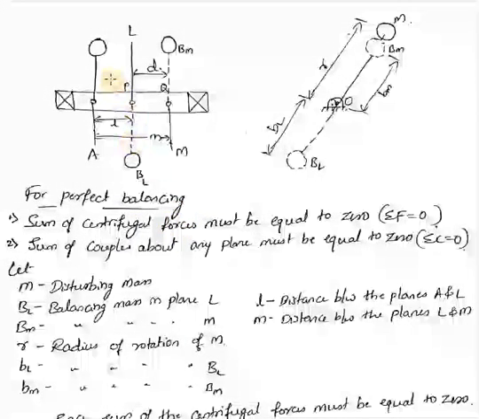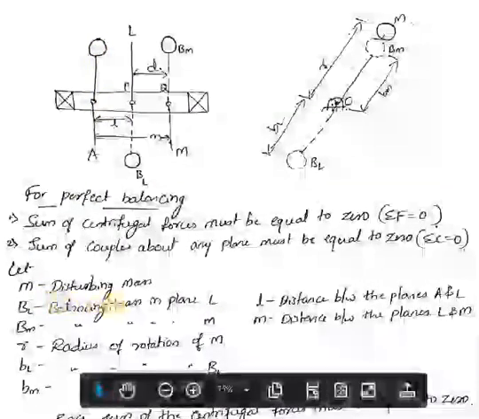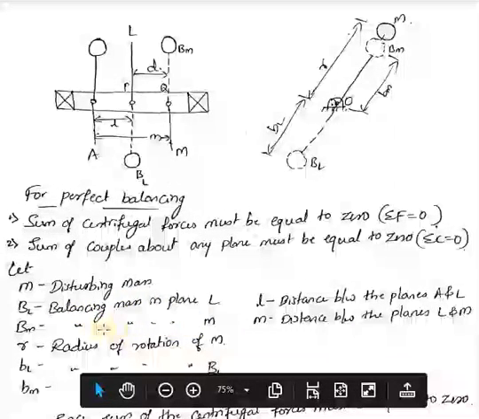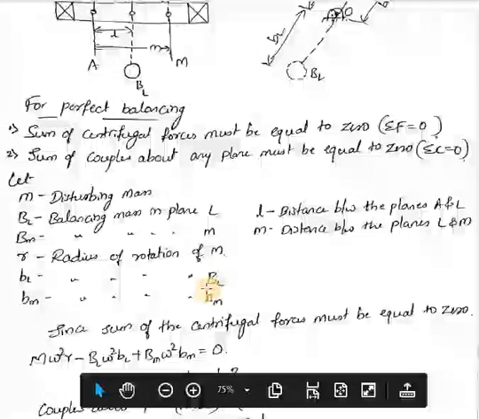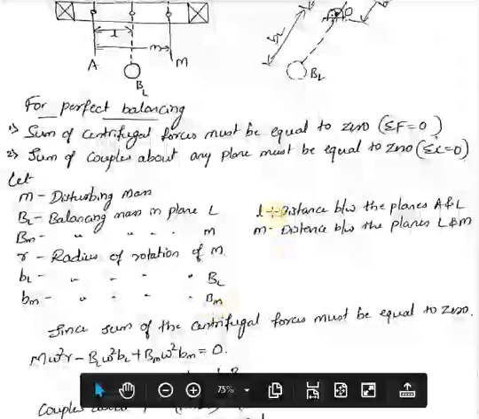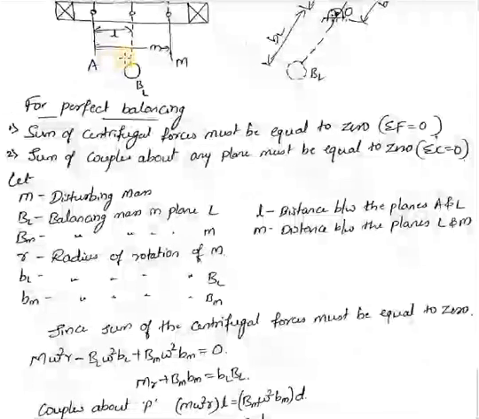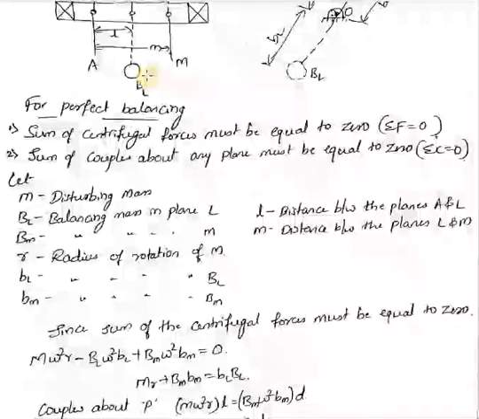M will be the disturbing mass, BL is the balancing mass in plane L, BM is the balancing mass in plane M, r is the radius of rotation for mass M, bL is the radius of rotation for BL, and bM is the radius of rotation for BM. l is the distance between the planes A and L, and m is the distance between the planes L and M.